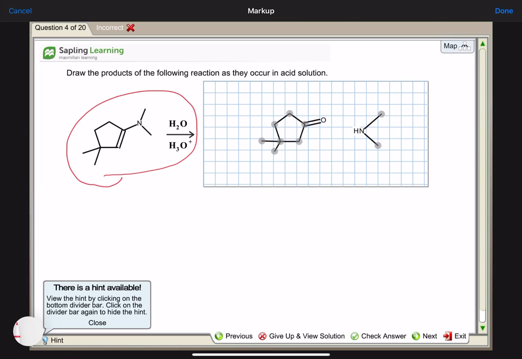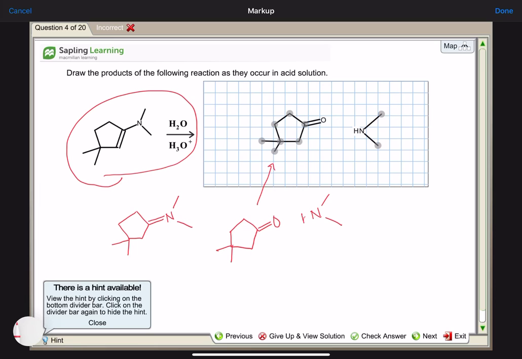Let's do a refresher on how I told you to solve this problem in class. If you have an enamine, the first thing you should do is move the carbon-carbon double bond up to the carbon-nitrogen double bond spot, because it makes it easier to visualize the products of the reaction. Then break that carbon-nitrogen double bond and stick an oxygen onto the double bond because we're trying to make a carbonyl compound, so there's that guy right there.